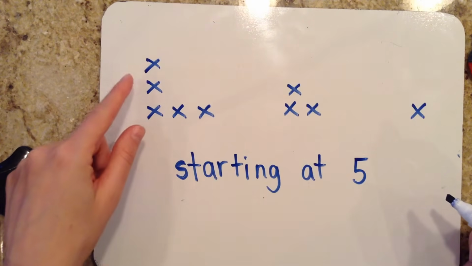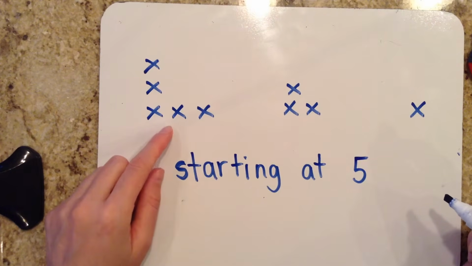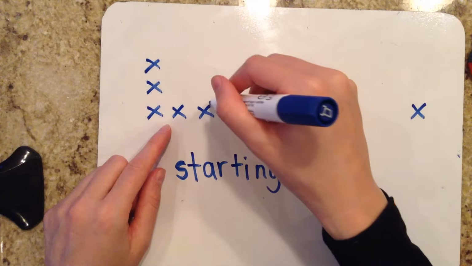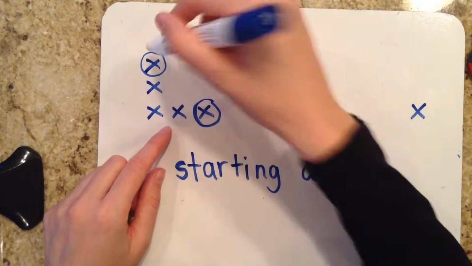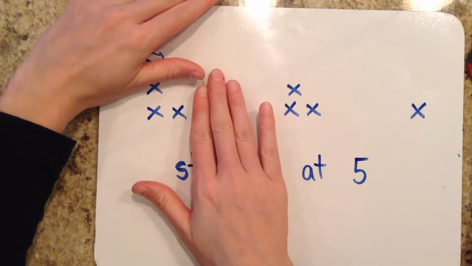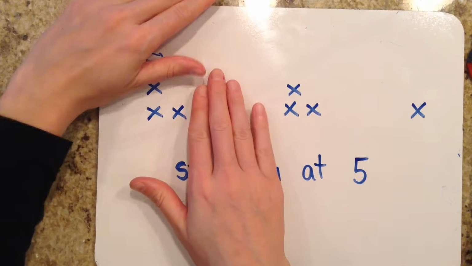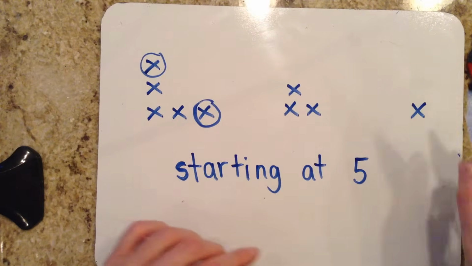I guess I can't cross them out since they're already X's. Let's see, how do I make this term look like the next one? Well, I think I'd have to get rid of that X and get rid of that one. Let's try covering it up. Yep, now they look exactly the same. So that means I had to take away 2 in order to get to the next term.